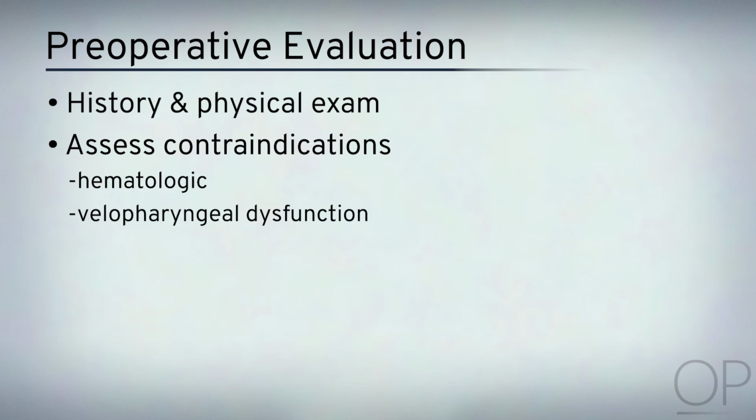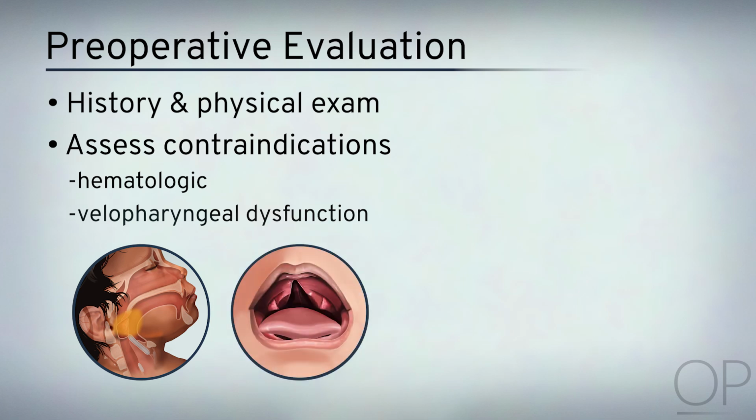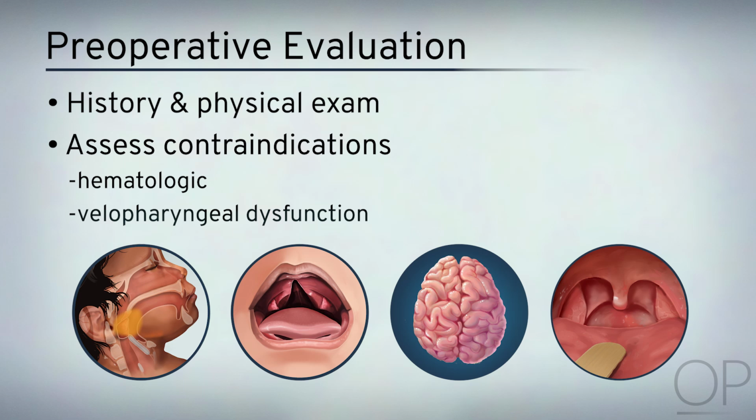Velopharyngeal dysfunction is also an important consideration prior to surgery. Velopharyngeal dysfunction is characterized by abnormal function of the velopharyngeal valve and includes overt or submucous cleft palate, neurological or neuromuscular abnormalities causing impaired palatal function, or an unusually spacious pharynx.